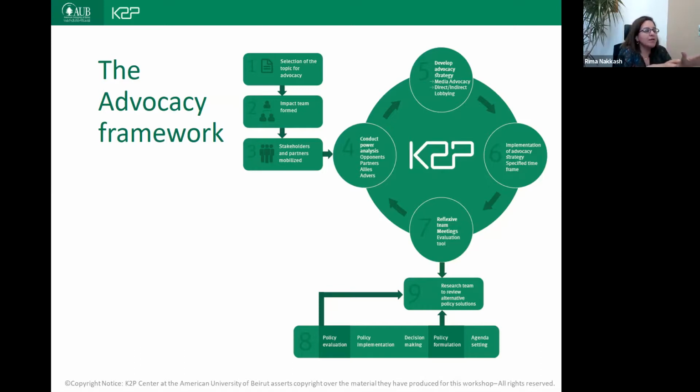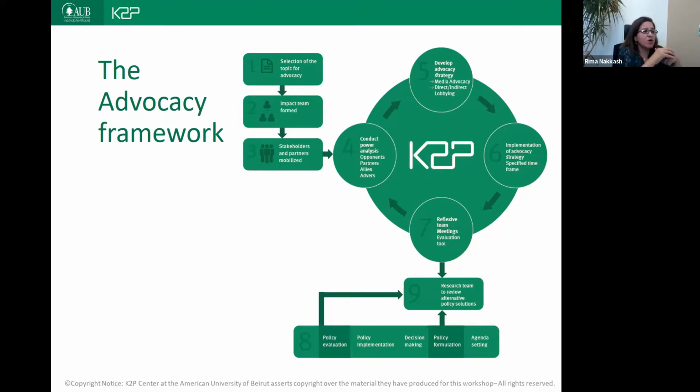We will be following this advocacy framework that we put together at the Knowledge to Policy Center, going through the steps necessary when we want to develop an advocacy campaign, starting with thinking about the topic. How do you select a topic for advocacy? How do you decide that this topic will require advocacy? How do you form the team that's necessary to work within?